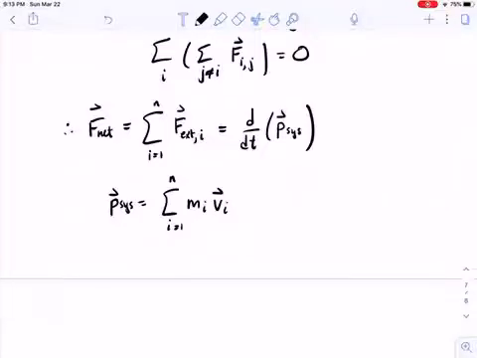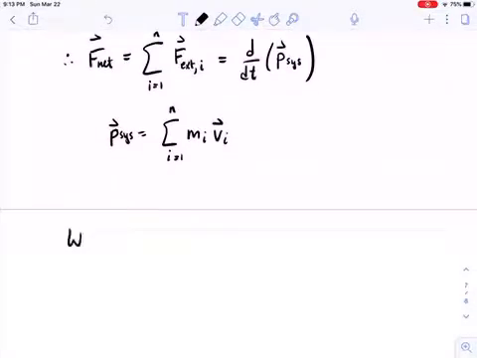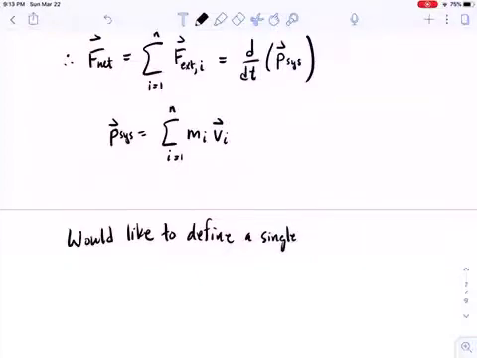What we'd like to do next is write the momentum as the system mass times a single velocity. So we would like to define a single velocity that somehow characterizes the behavior of the system. So I'm going to call it VCM, and we'll see what CM means in a minute.